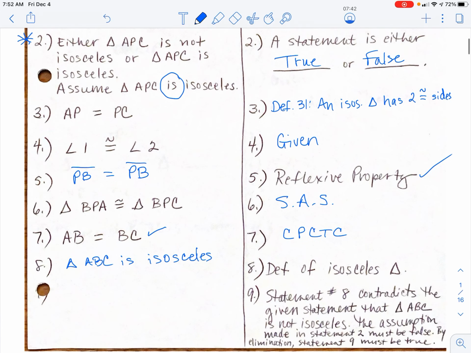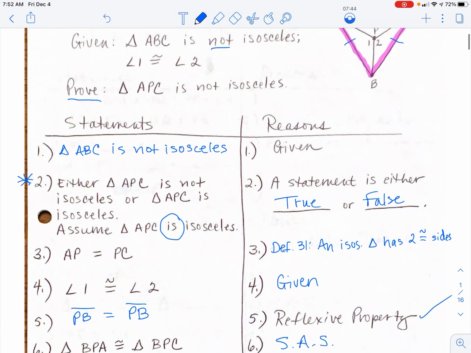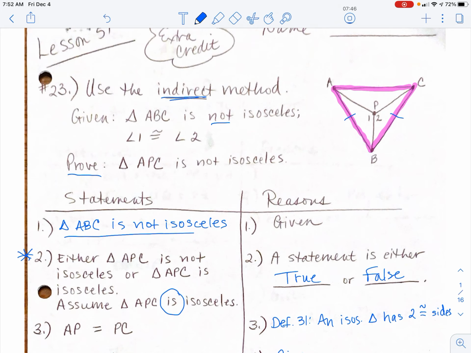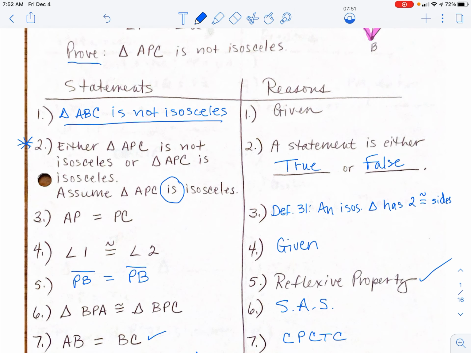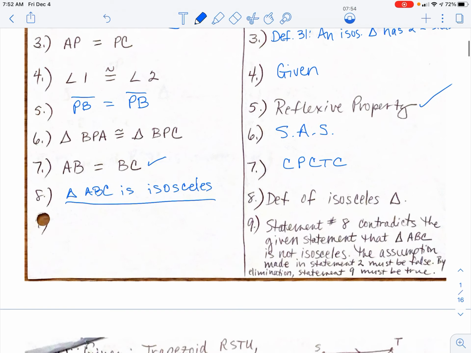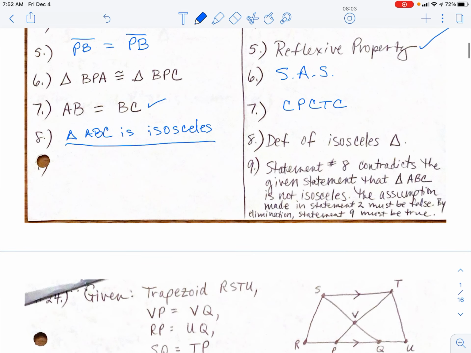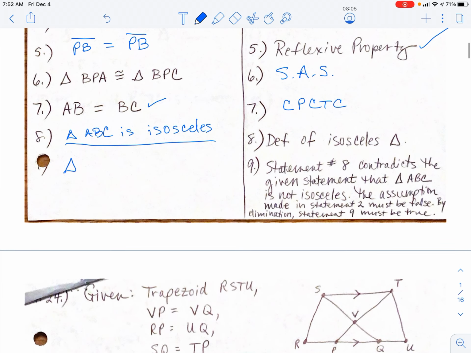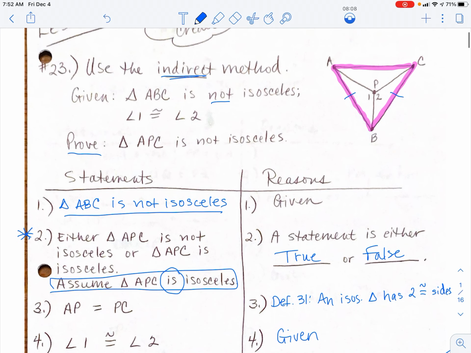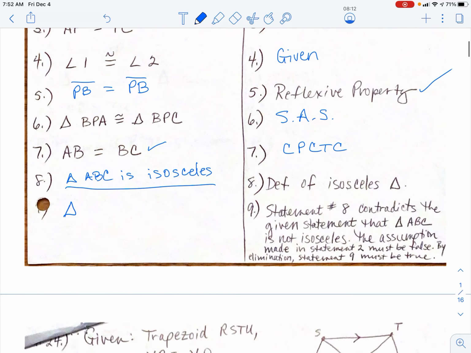However, let's look back up here. We just said ABC is isosceles, but look at what was given. ABC is not isosceles. So through this indirect proof, we find a contradiction to the given information. So what we decided to say was true, assume APC is isosceles, can't be true. So we have to say that APC, which is what we were trying to prove here, is not isosceles.